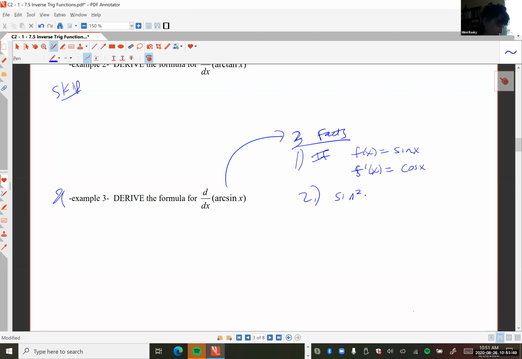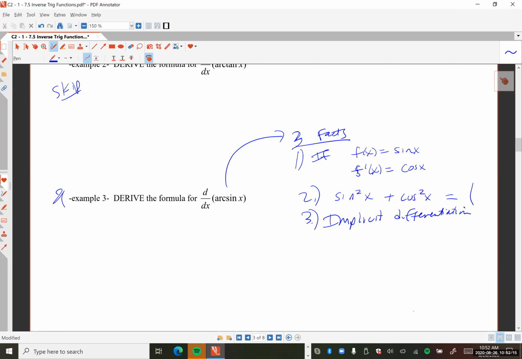Do you remember sine squared plus cosine squared is equal to a really nice number? The Pythagorean identity. So sine squared x plus cosine squared x is equal to 1. Yay! And then one other thing that you're going to get really unhappy with me about, and I apologize in advance. Do you remember implicit differentiation from your Calculus 1 days?